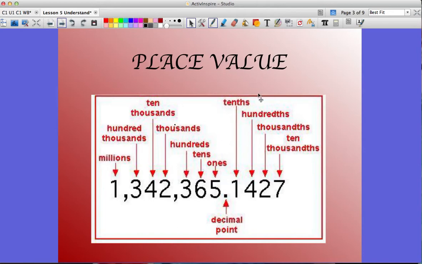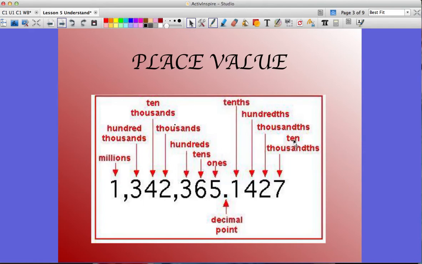Moving right along, place value. When we talk about place value, remember the place value tells us where the number is, and it helps us to realize how much the number is worth. It's important to understand that anything after the decimal point, or to the right of the decimal point, is considered a part. So what this means here, since I have a 1 here, it basically means that I have 1 out of 10 pieces because it's in the tenths place.